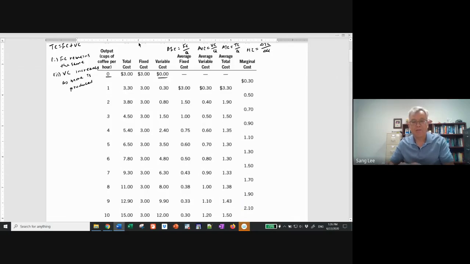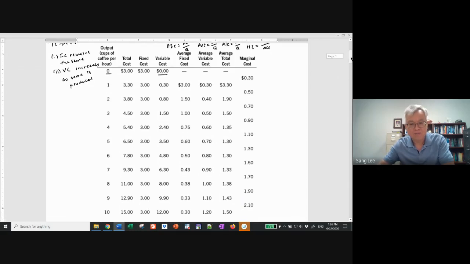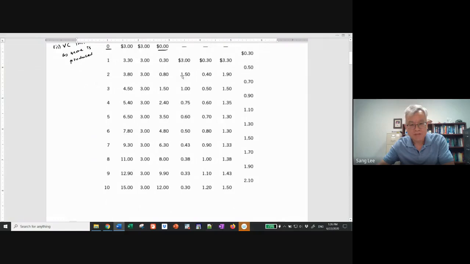Now first look at column number 5, average fixed cost. As we confirmed previously, average fixed cost is always declining as more output is produced. It is never increasing as more output is produced.